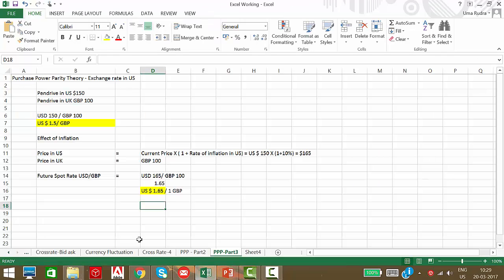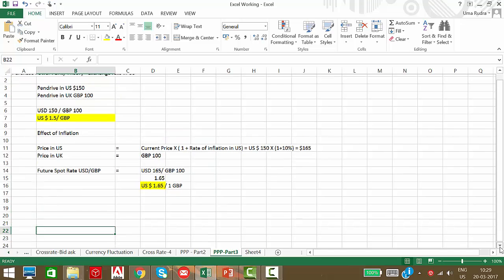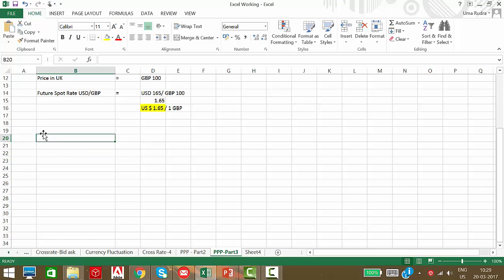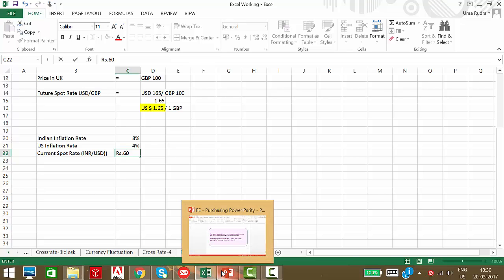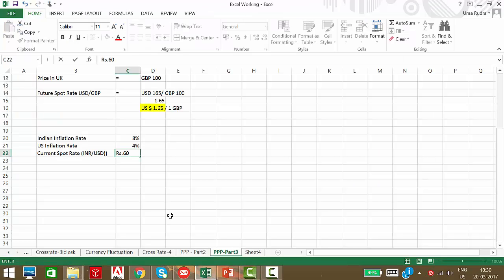So we know, Indian inflation rate is 8%, US inflation rate is 4%, and the current spot rate, INR per USD, which is a direct quote, is rupees 60.